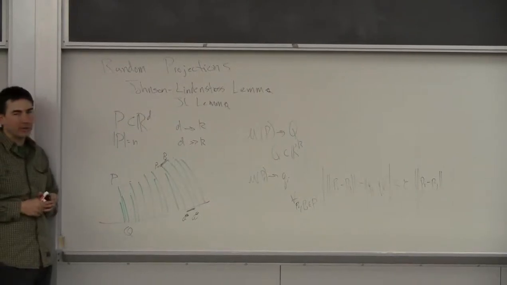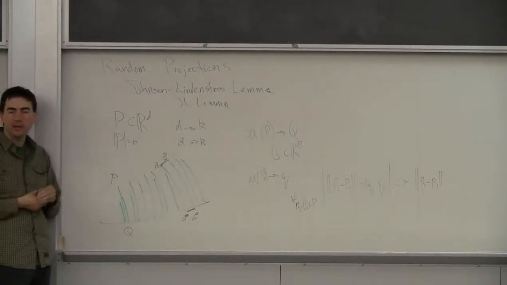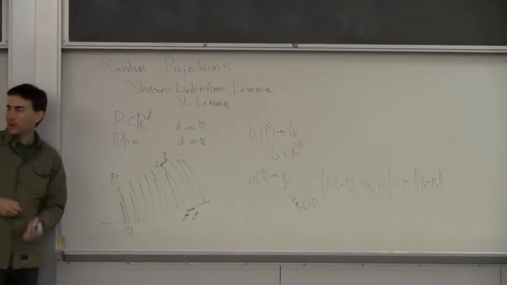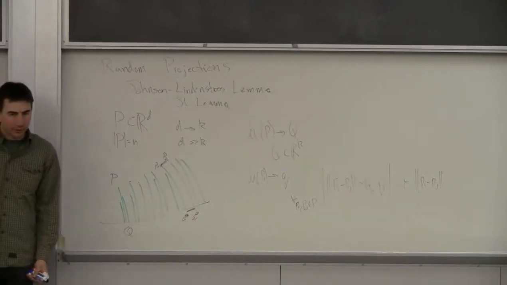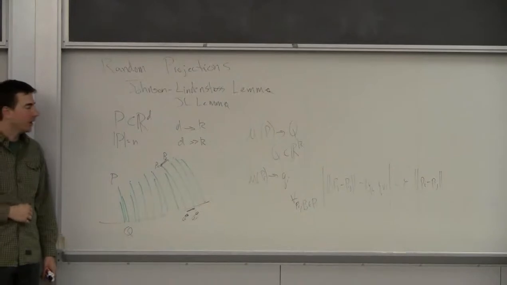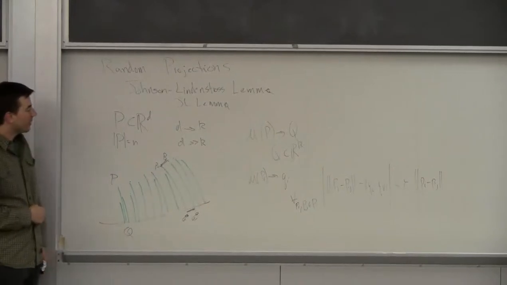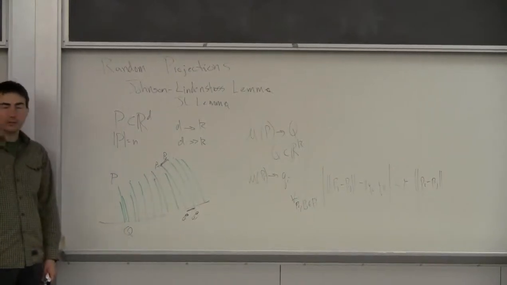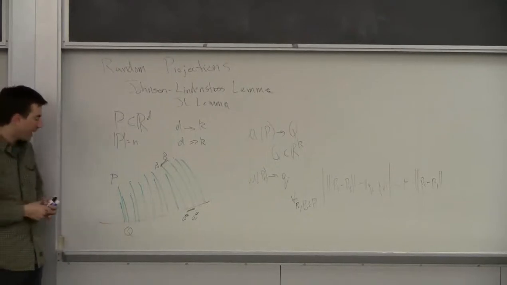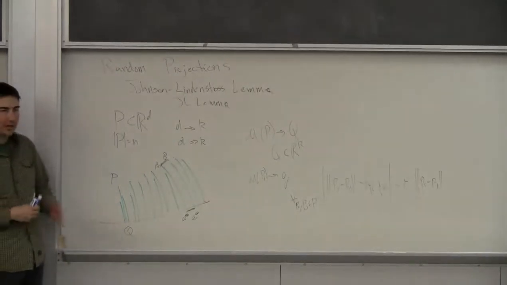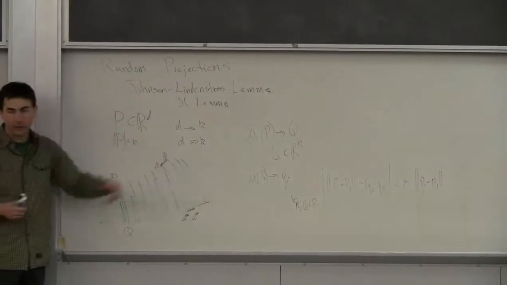And how I'm going to do this is maybe a little bit surprising, especially if you hadn't seen any of the other tricks from randomness earlier in this class. You're just going to pick a bunch of completely random directions and project onto those random vectors. And if you pick enough of them, you're going to be able to get this guarantee.